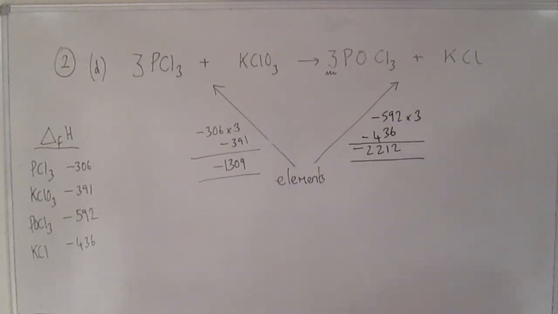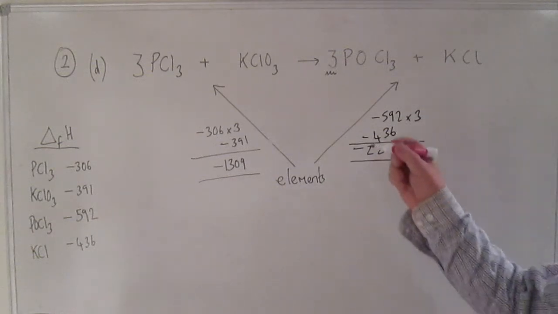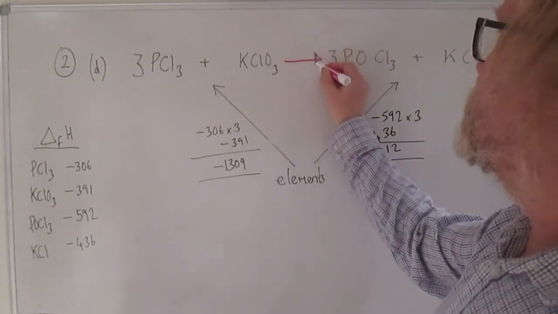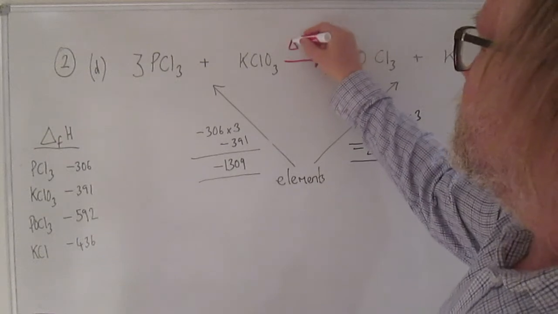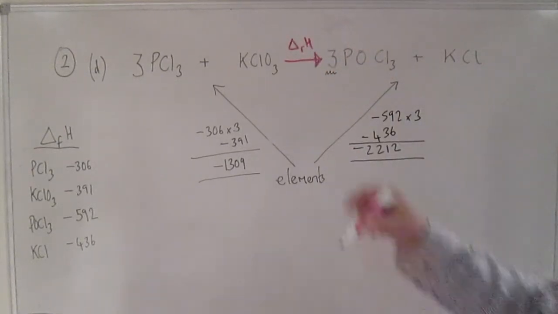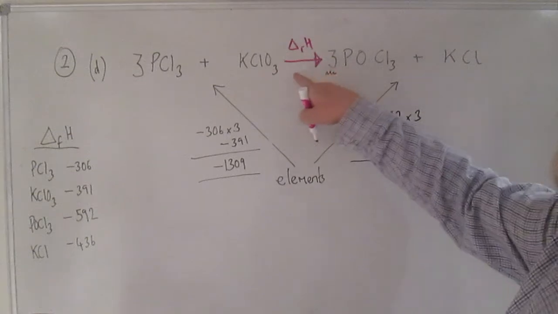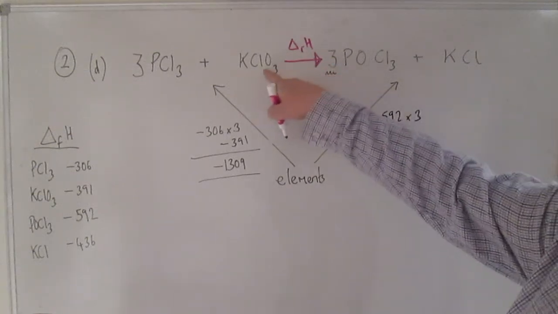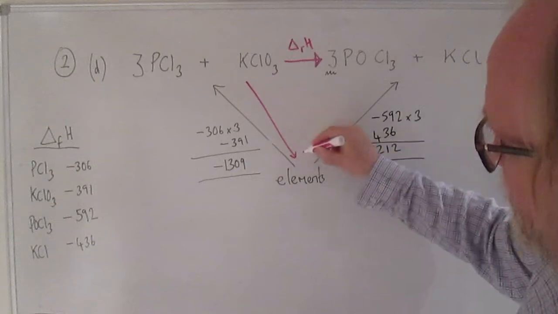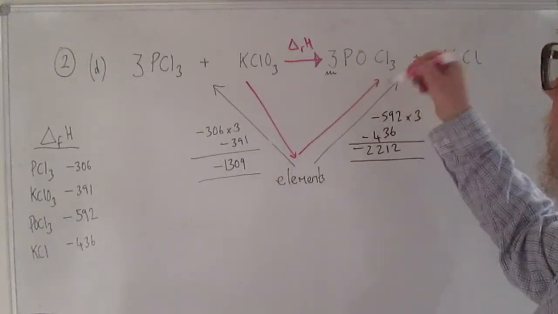Okay, so what Hess's law is about, and the way all these problems work, is that it says that this change, which is what we're trying to find, delta H of reaction, you get the same number in terms of the enthalpy change for doing that process directly as you would if you did it in 2 stages like that.